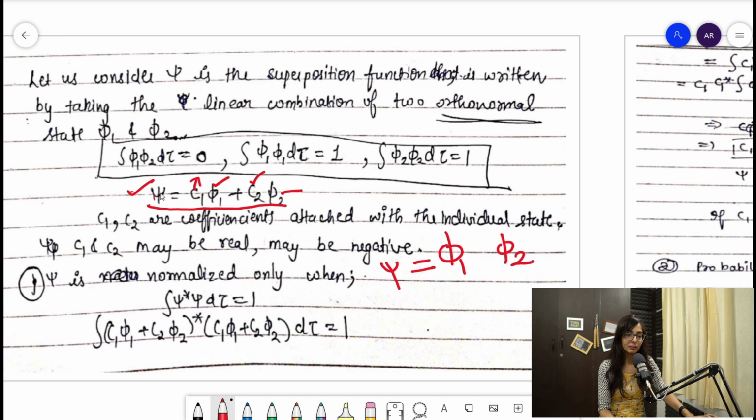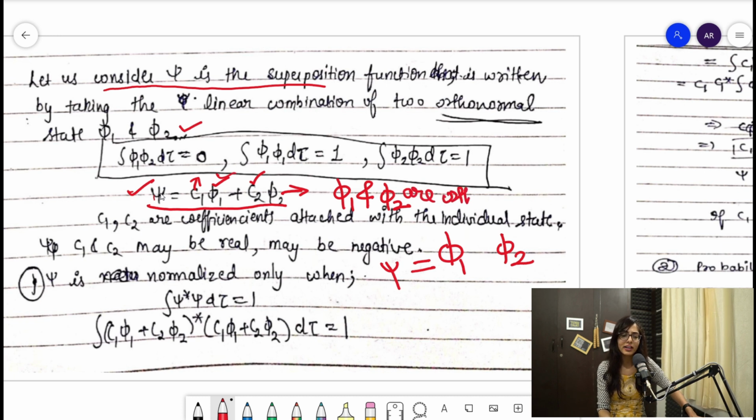But for this, you can read over here, let us consider psi is the superposition function that is written by taking the linear combination of two orthonormal states phi1 and phi2. So guys, this is the condition for this, that we can write it like this when phi1 and phi2 are orthonormal.